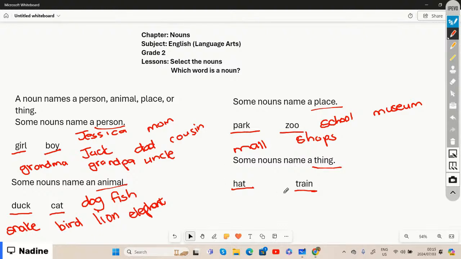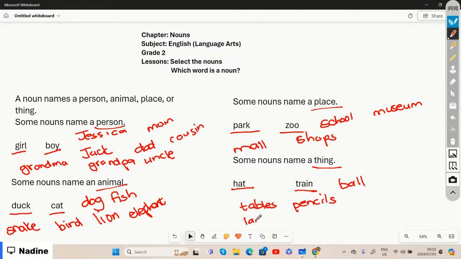And then we say some nouns names things, right? And we said things can basically be anything that we make mention of. And if we make mention of things, then we say it can be hat, train, ball, tables. You can even say pens or pencils.